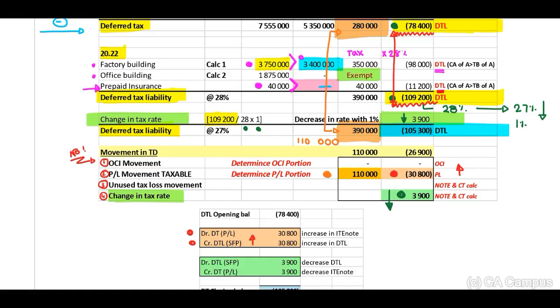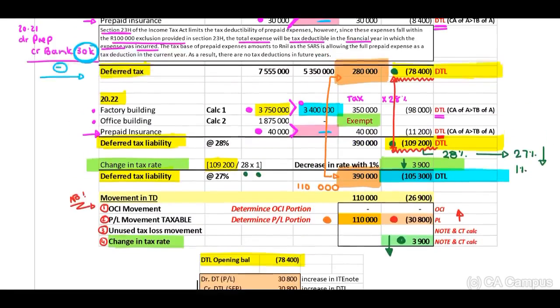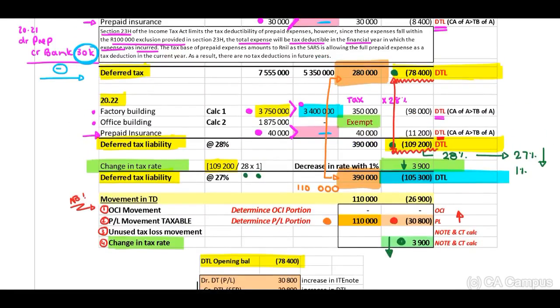Okay, then an important T account or general ledger transaction that I want you to ensure that you are familiar with and understand. If you look at this here at the bottom, we have a deferred tax opening balance of 78,400. Look at our calculation. 78,400 purple. Right.